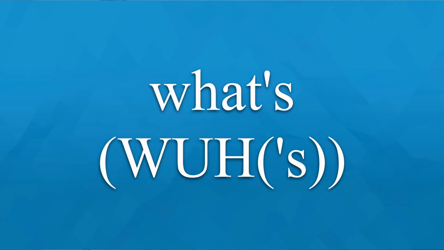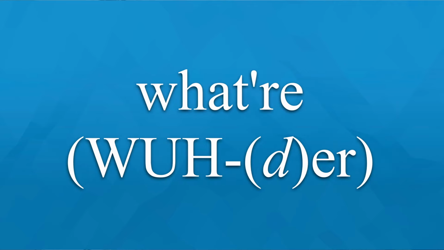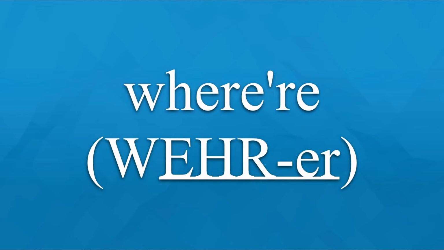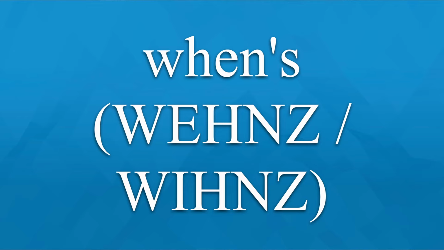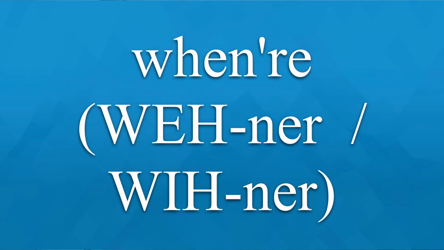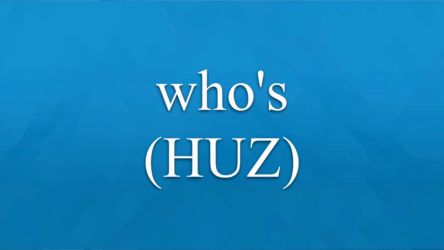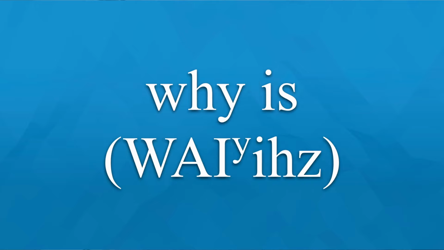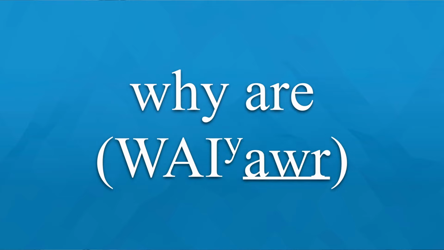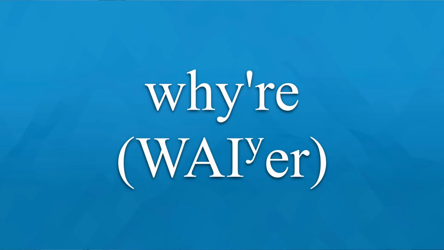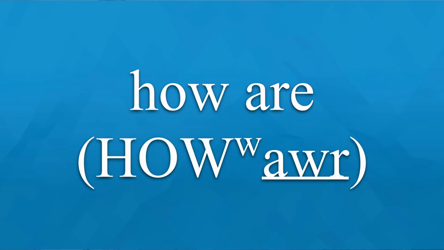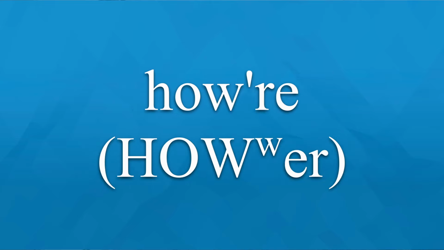What is, what's, what are, where is, where's, where are, where're, when is, when's, when are, when're, who is, who's, who are, who're, why is, why's, why are, why're. And of course the word that likes to pretend to be a WH word, how. How is, how's, how are, how're.